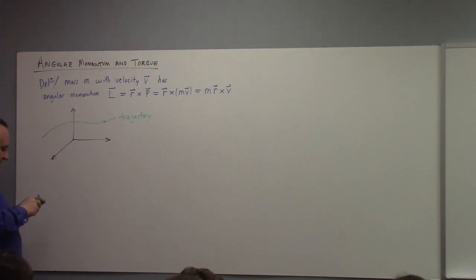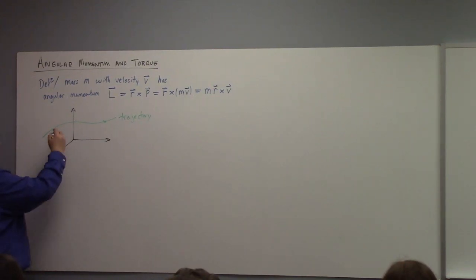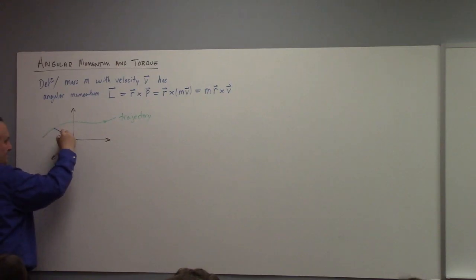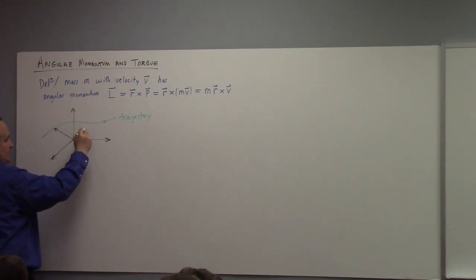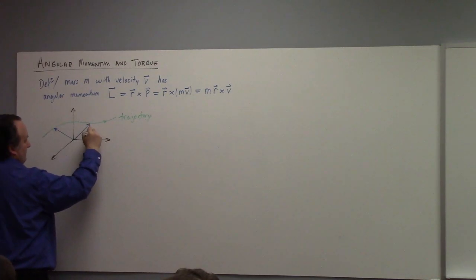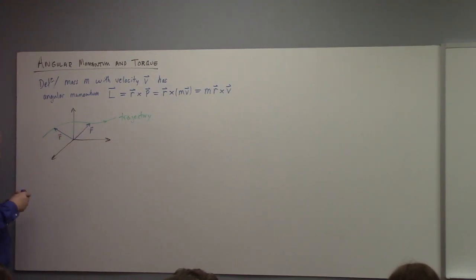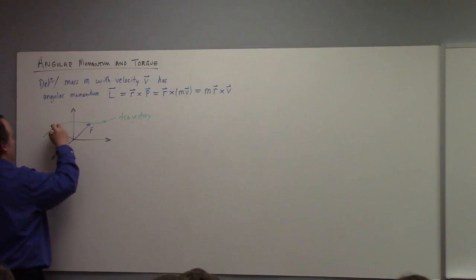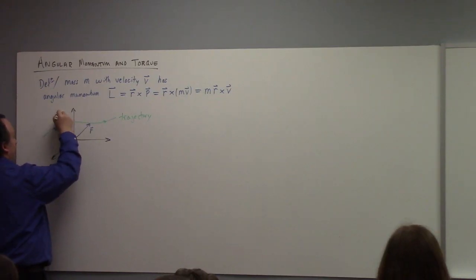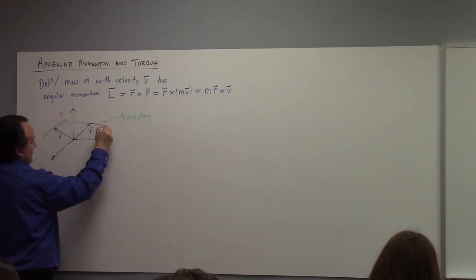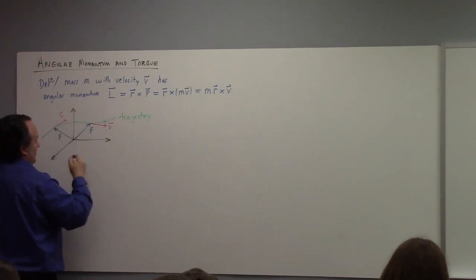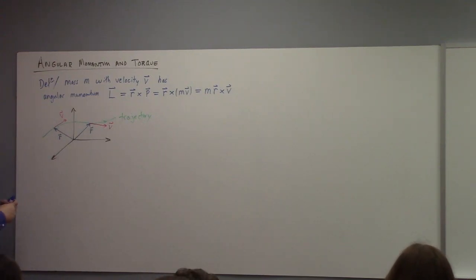Then relative to the origin, we have R here, right? And I'll draw it over here as well, in two different instances. And the velocity points in the direction of the motion, right? So something like this, yeah? Which of course is the same as the direction of the momentum, right? The momentum and the velocity are collinear.